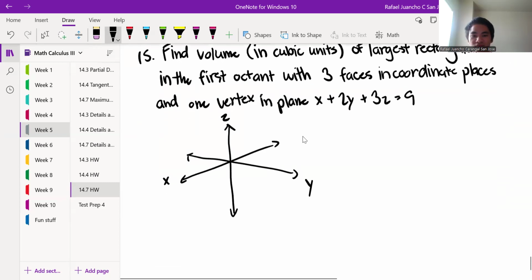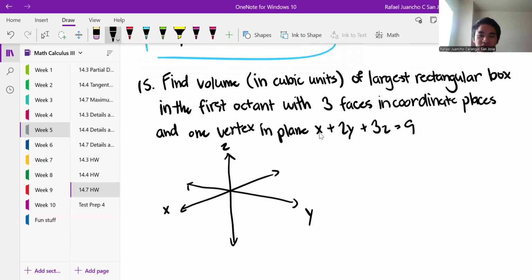And then I want my volume. It says the volume of the largest rectangular box in the first octant, so it's talking about this, the first octant, with 3 faces in coordinate planes. What are the 3 faces in coordinate planes?